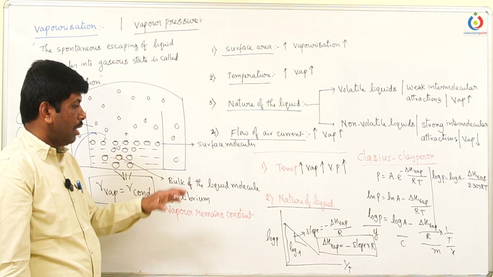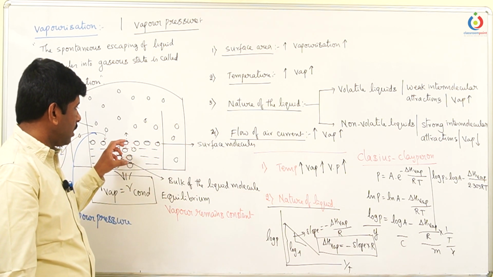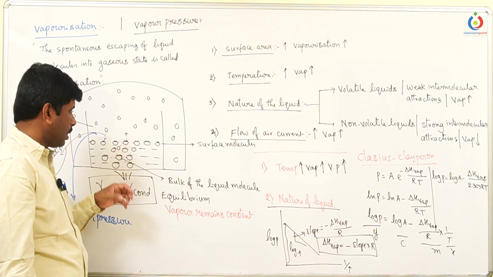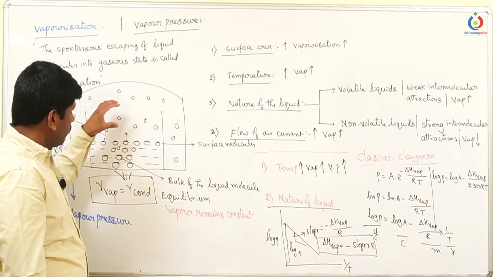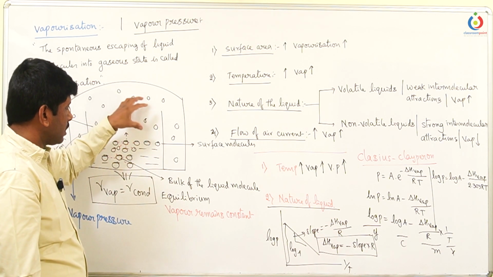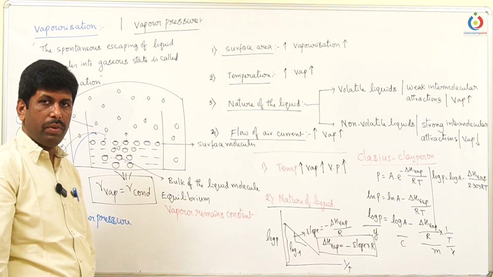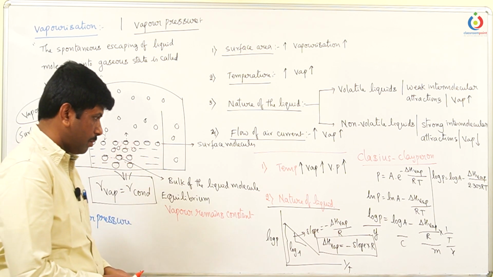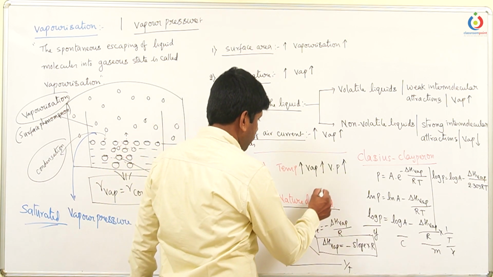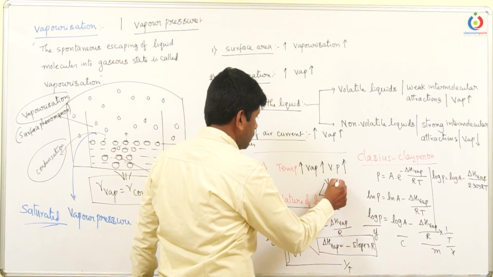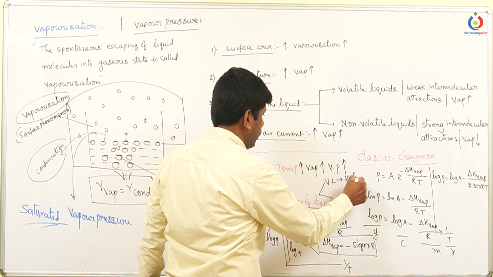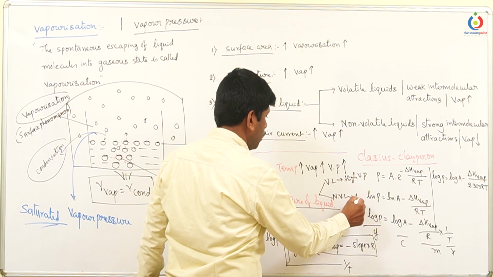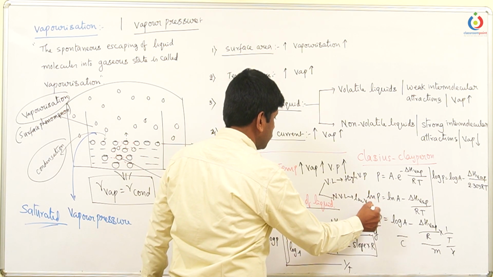Non-volatile liquids cannot evaporate very easily. They need more temperature, so the vapor is less and the pressure exerted by that small amount of vapor is also very low. That's the reason why their vapor pressure is less. So volatile liquids have high vapor pressure, whereas non-volatile liquids have low vapor pressure.